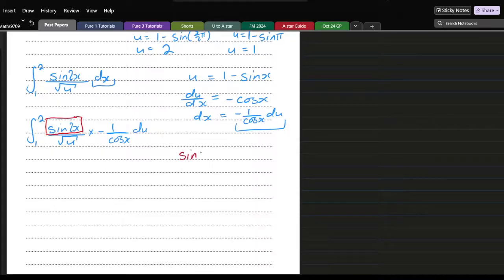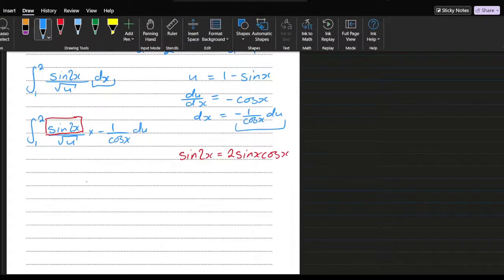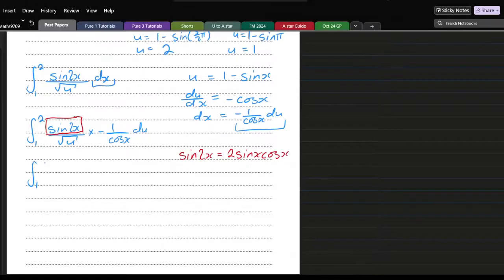So sine 2x, we know that can be written as 2 sine x cos x, right? So that means what we have here is the integral from 1 to 2 of 2 sine x cos x over root u multiplied by our negative 1 over cos x du.